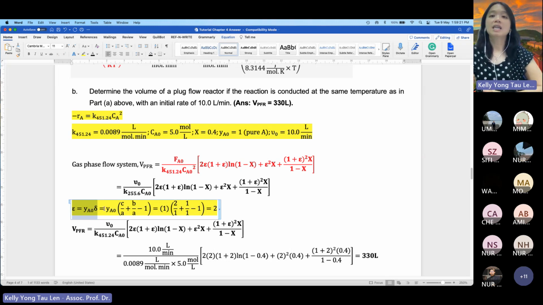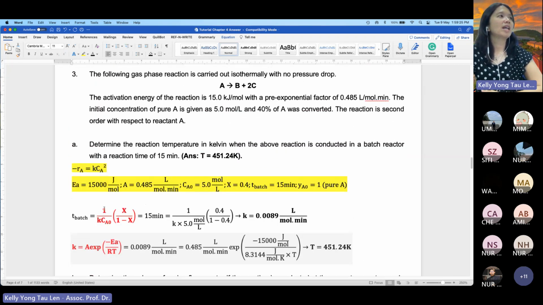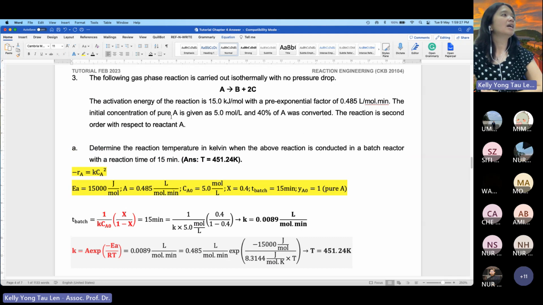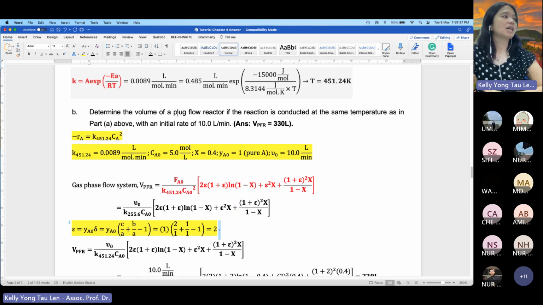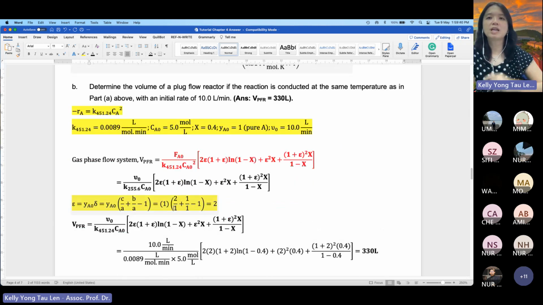YA0 tu kan adalah initial mole fraction of A. So kalau kamu tengok soalan, dia kata initial concentration of pure A. Maksudnya yang masuk asal adalah 100% A. So YA0 kamu adalah 1. So okey lah, YA0 kamu senang. Pure A, YA0 1.